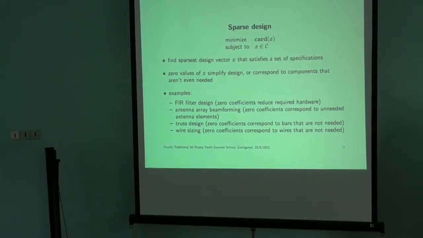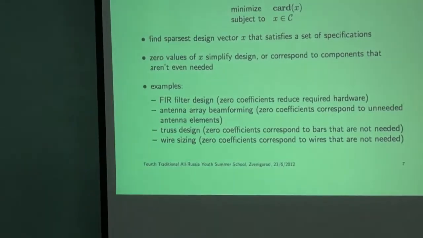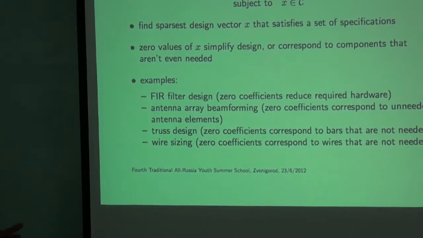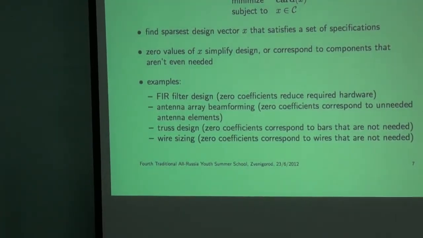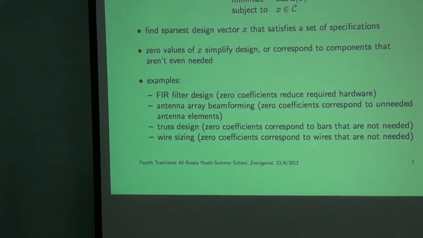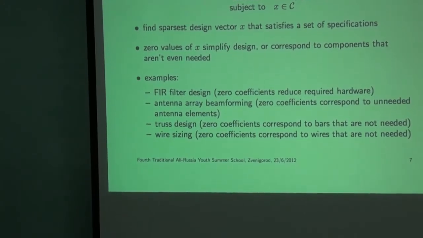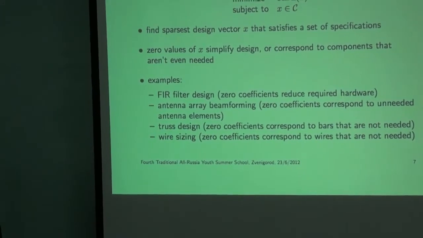In truss design, that's a very famous one. You have a truss or a space frame, so you have some mechanical thing with nodes, and you have bars connecting them. And the variables are the cross-sectional areas of the bars. If a bar has cross-sectional area 0, it means it doesn't exist.